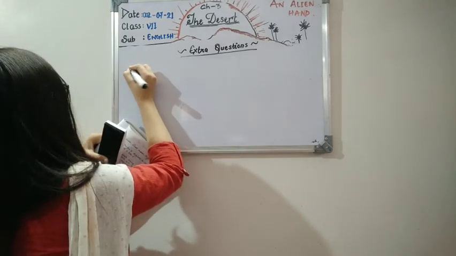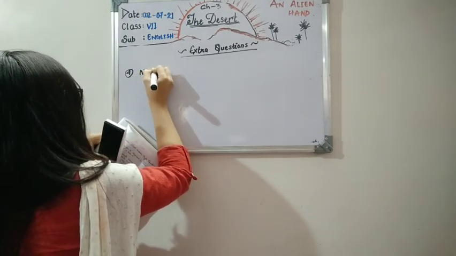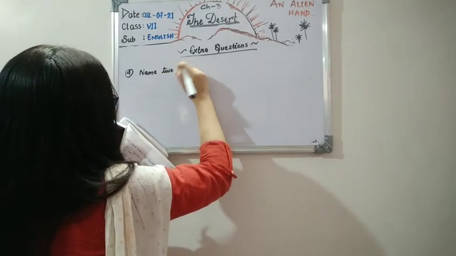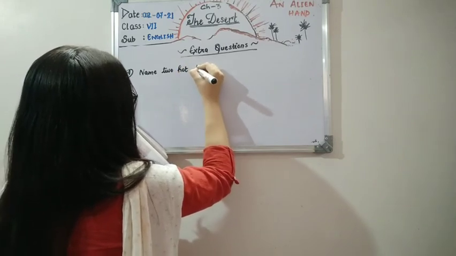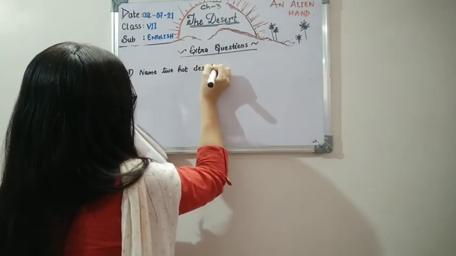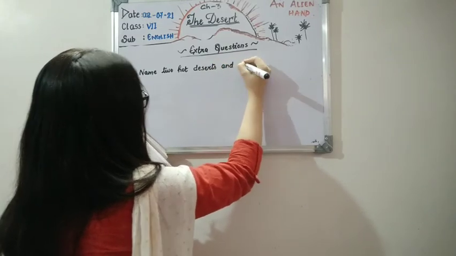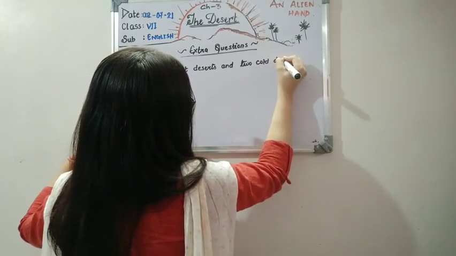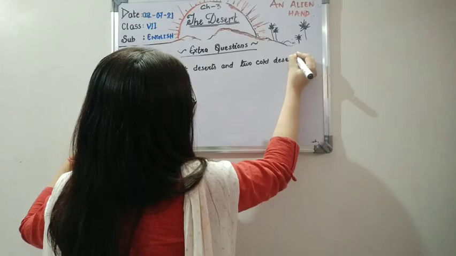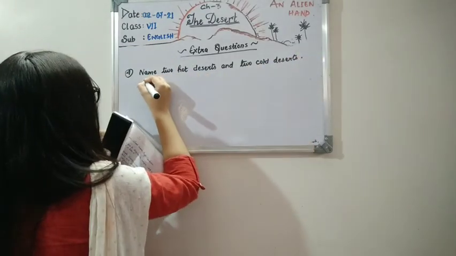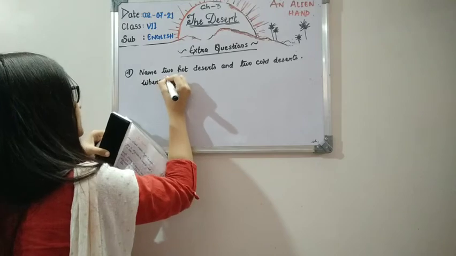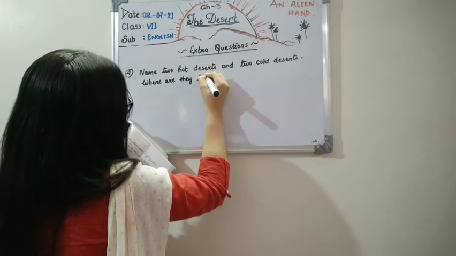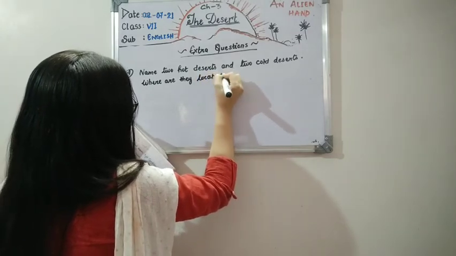Number 4. Name 2 hot deserts and 2 cold deserts. Where are they located? Okay.